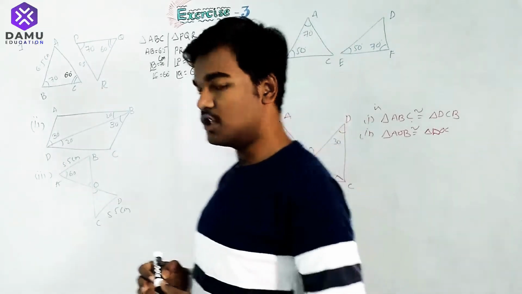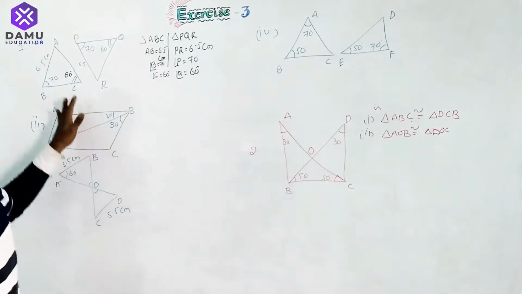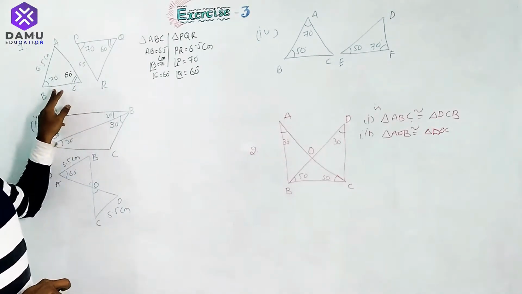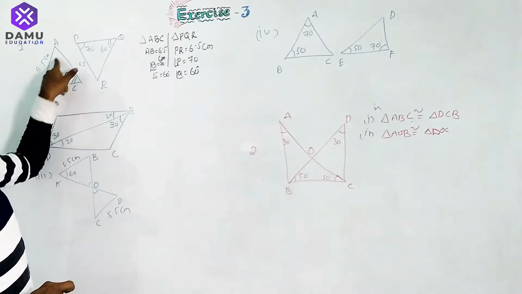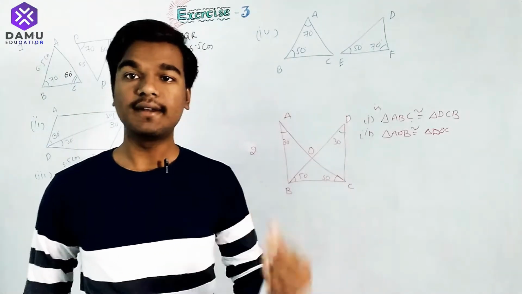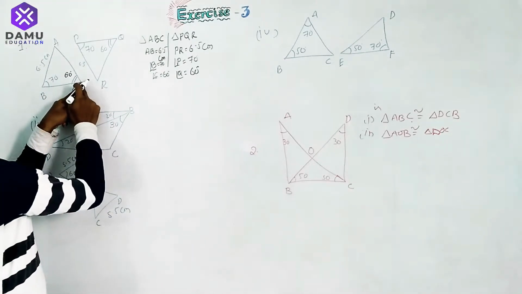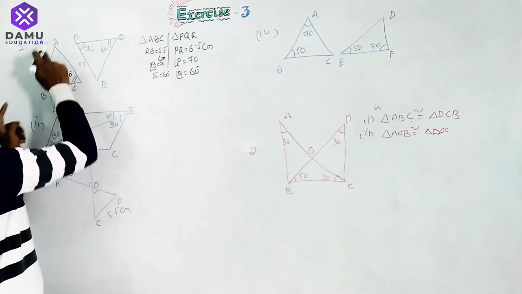So here, which rule is satisfied? The AAS congruency rule is satisfied. Here in AAS, first one angle, then next angle, then side.